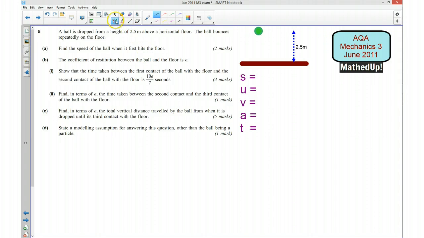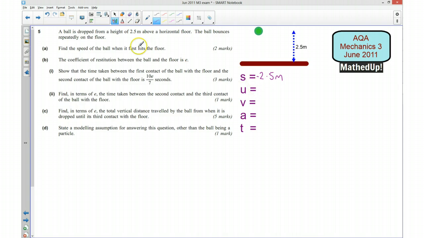So what I'm going to do first of all is write down the information that we already know. Our displacement when it hits the floor will be negative 2.5 meters, because it's 2.5 meters below where it started from.